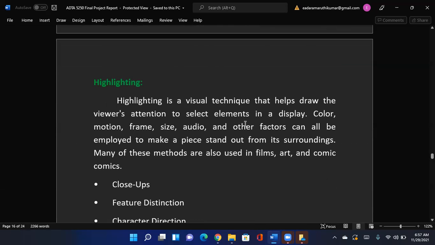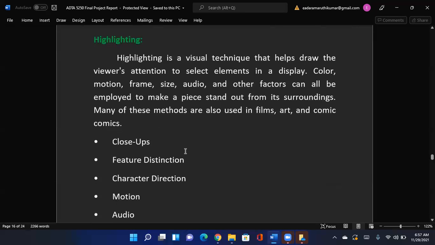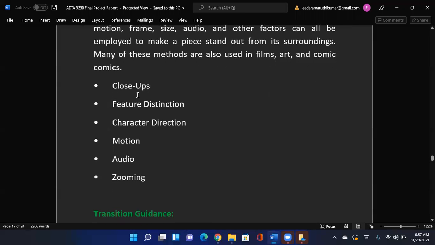Highlighting means we need to highlight those particular points, and then most people will be attracted. That is what we are discussing here. Color, mention, and frame are examples. We need to highlight these things.